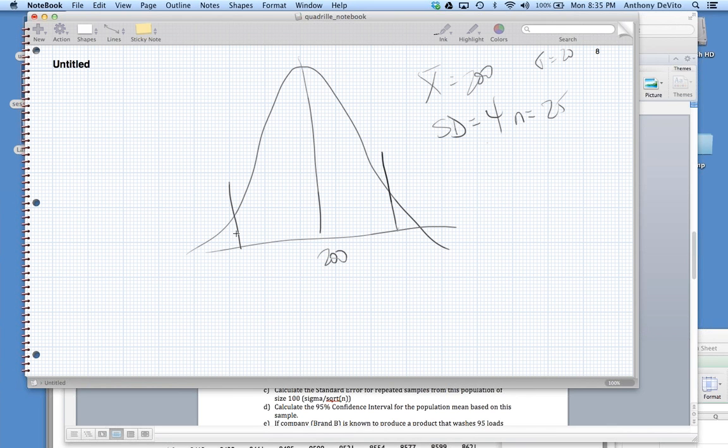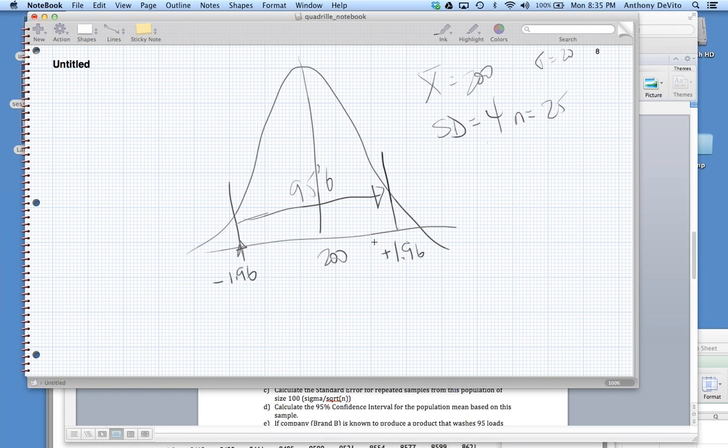Before, we said we want to know what range of values 95% of the outcomes would fall in. And we know by looking at our z-table that would represent the value that is 1.96 standard deviations below the mean and 1.96 standard deviations above the mean.